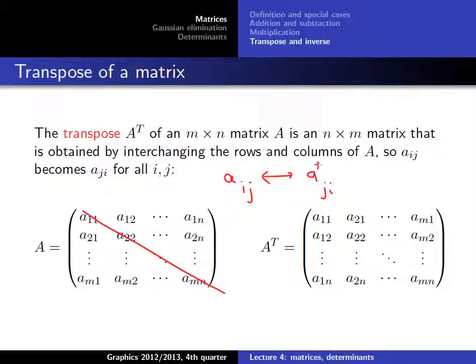So if this is the transposed, then at the position ji, we have the value that in the original matrix we have at the position ij. So it's basically just taking this value, exchanging it with that one, this one with that one, and then we get our transposed matrix.